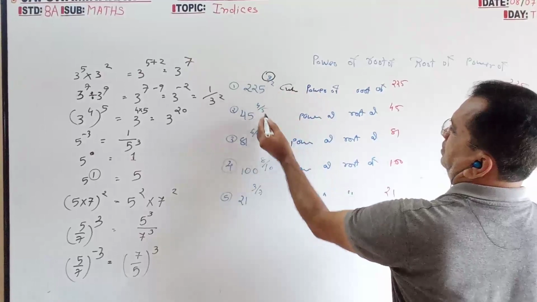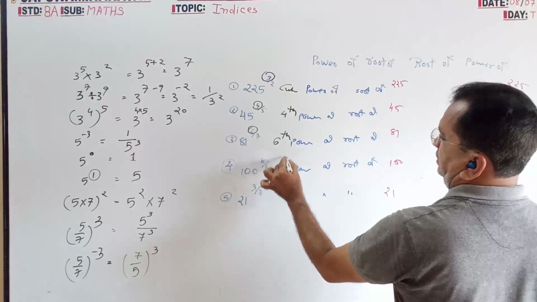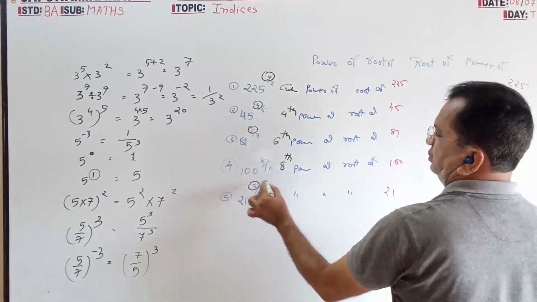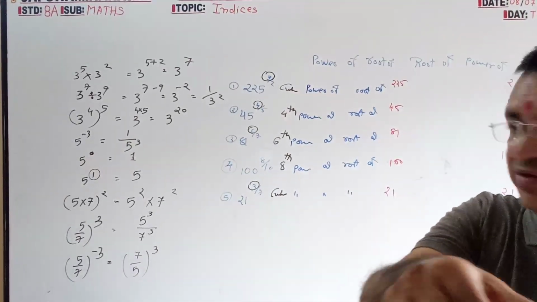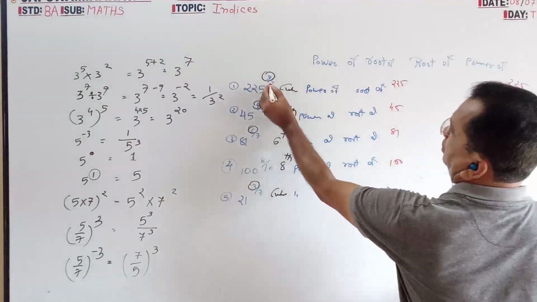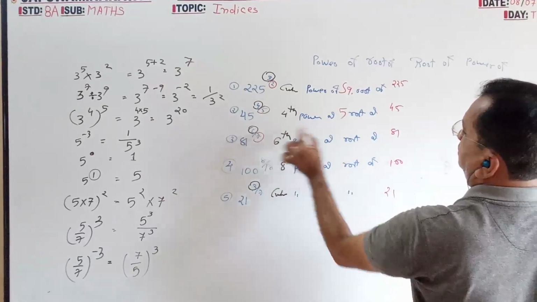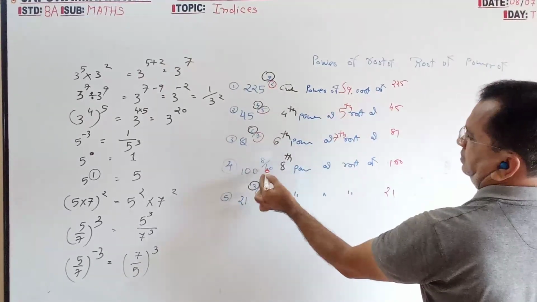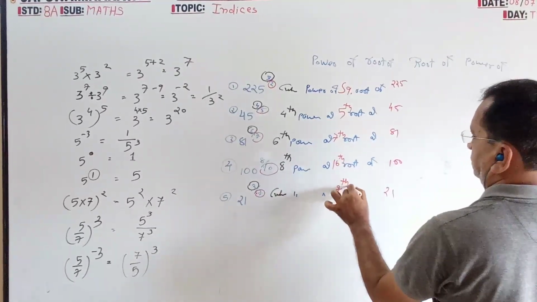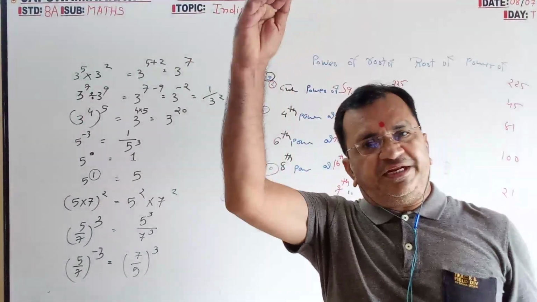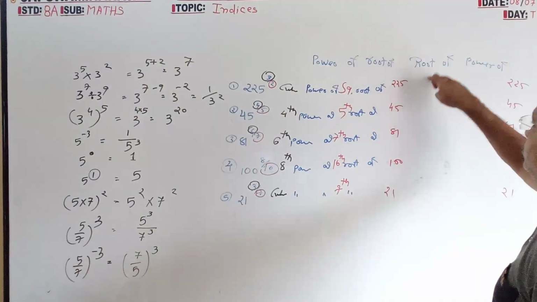Cube power of, fourth power of, sixth power of, eighth power of. 3 means cube. Now we will write the denominator. Root means what? 2 means square root. Fifth root of, seventh root of, 10th root of, 7th root of. So numerator is power, denominator is root. Again, now the reverse, they have asked which is root, which is power.